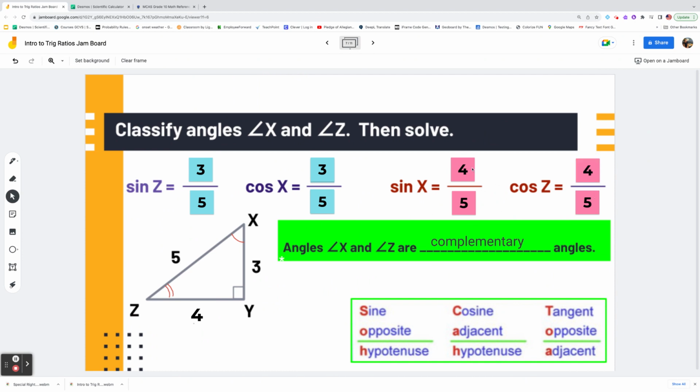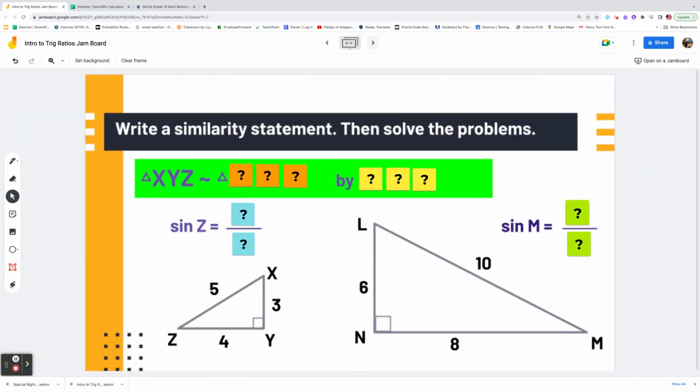So once again, we see that the sine and the cosine of complementary angles are equal. That's worth noting.